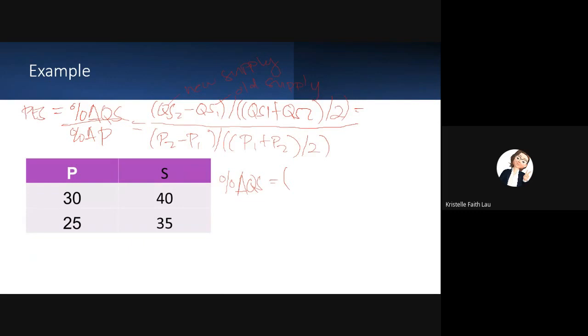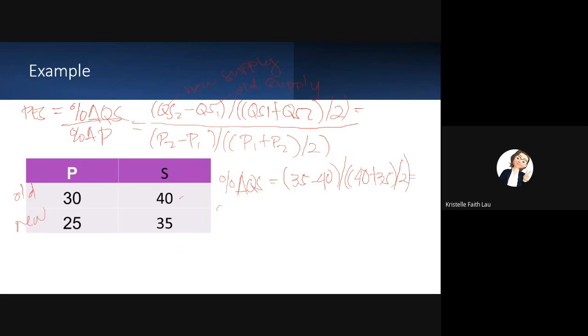So we have here old, new. So new is 35 minus 40. So that's the old. Then divide natin siya. For the QS1, so mauuna yung old, 40 plus 35 divided sa 2. Close parenthesis divided sa 2. Yan.